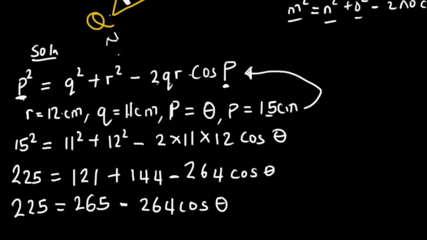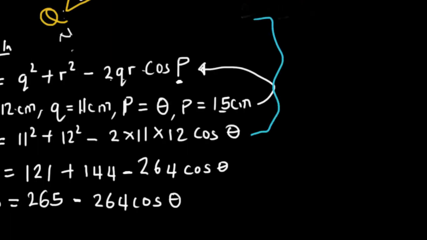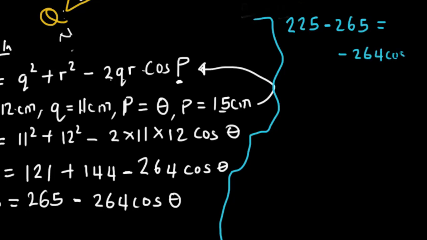Let's solve the remaining somewhere up. So 265 will go and meet 225 because they are both numbers. So it's like we are collecting like terms. So we have 225 minus 265 equals minus 264 cos theta. I hope you understand this. 225 minus 265 will give me minus 40.